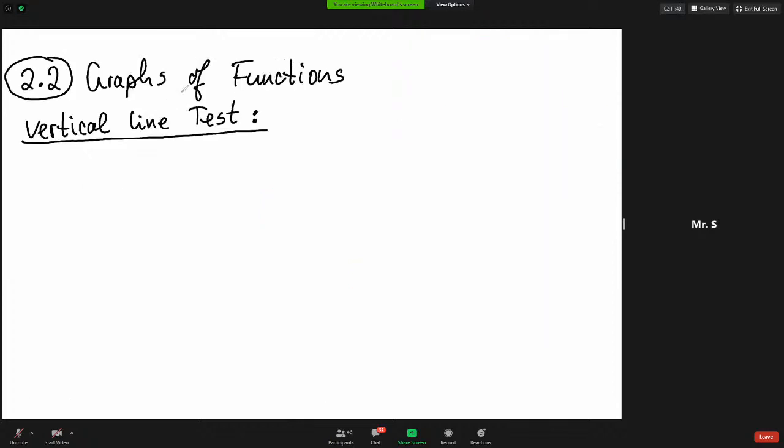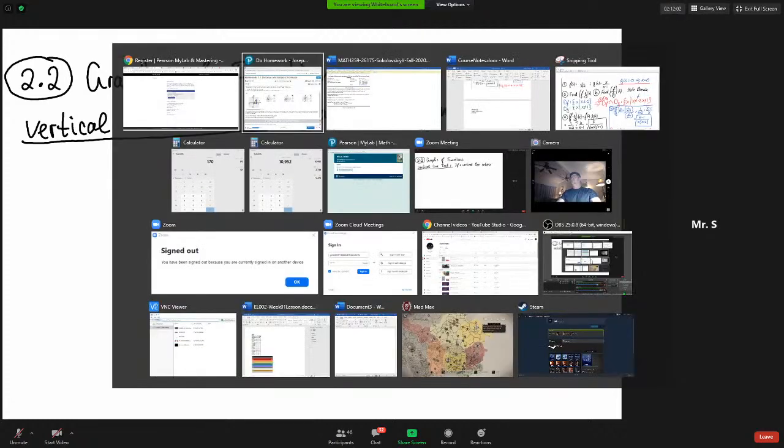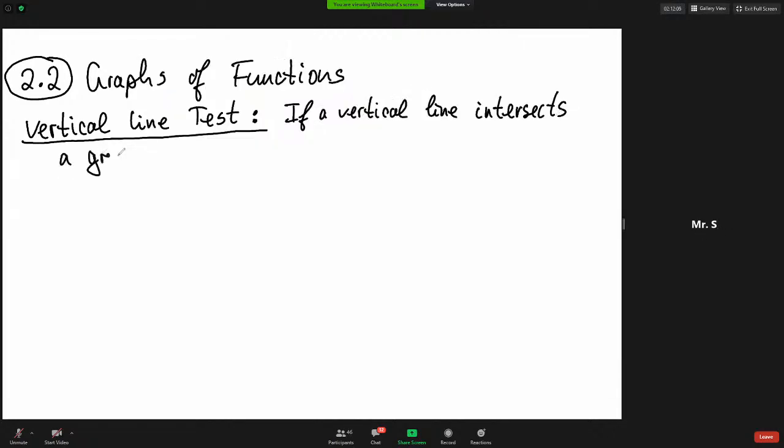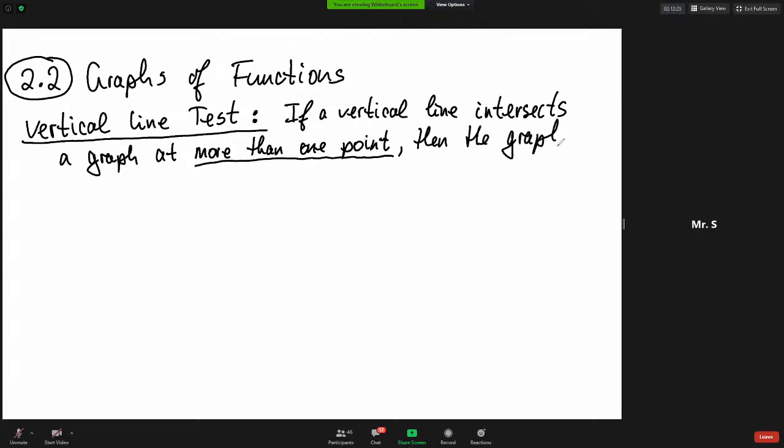We can say that if a vertical line intersects a graph at more than 1 point, then the graph is not of a function.